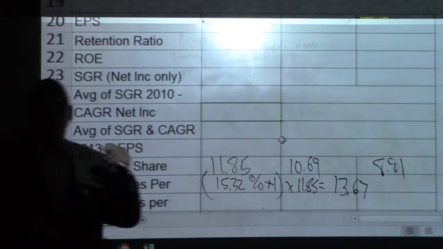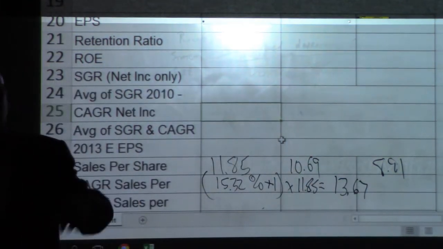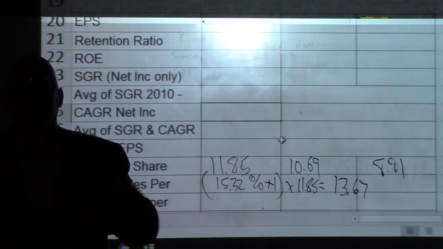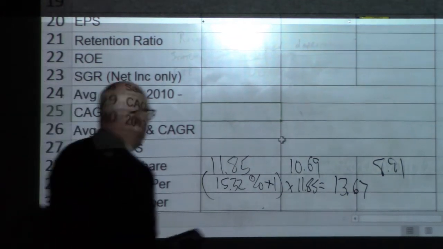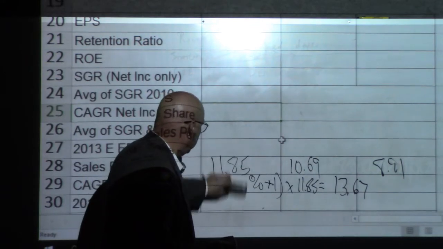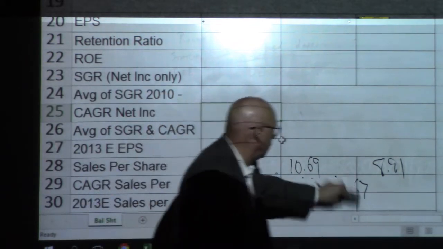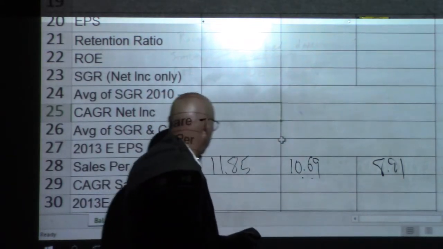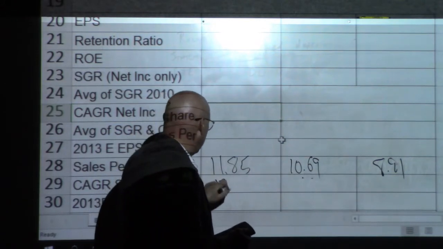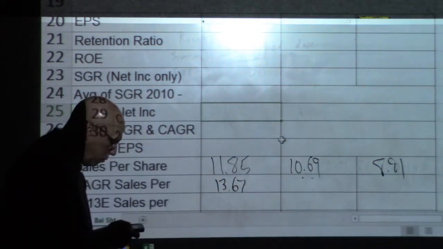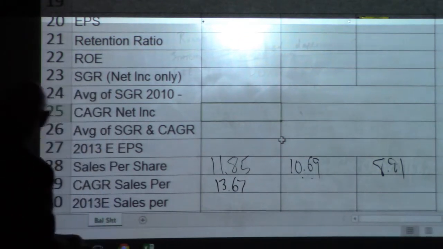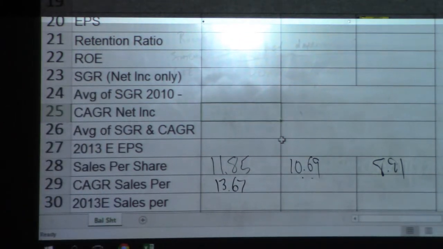So we've gotten our 2 estimated fundamentals that we're going to use to value this company: earnings per share and sales per share. So $13.67. Let me write this down. 2013 estimated sales per share is $13.67. Okay?